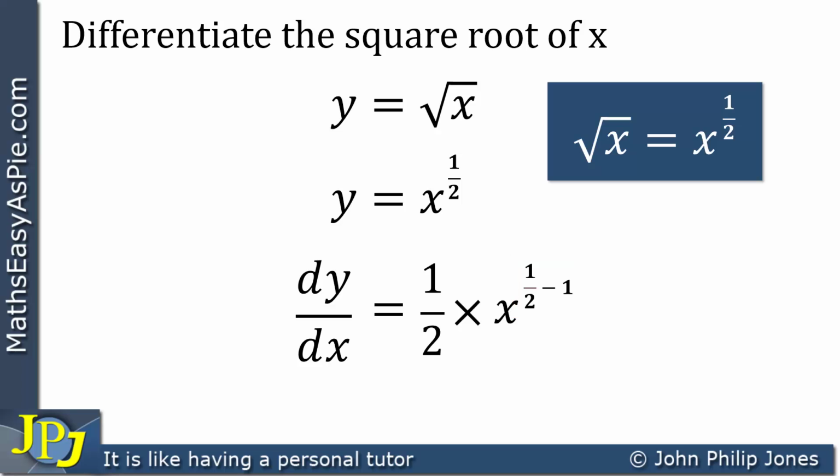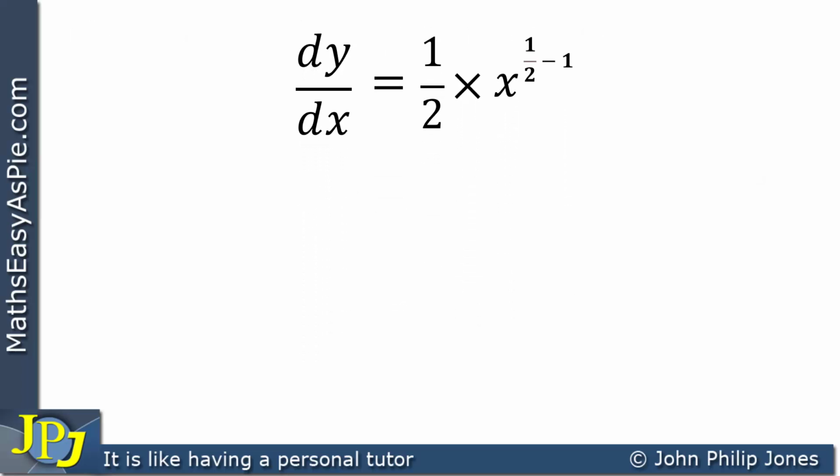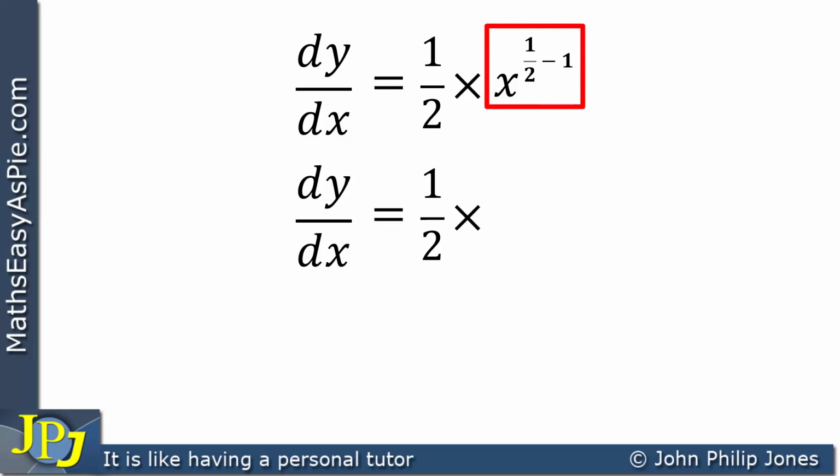So I'm going to continue by bringing this to the top of the slide where we can continue now with the calculation. So we can now continue with the calculation by writing down dy dx equals, and we bring the half down and we multiply, and now we're going to perform the calculation on this, which you can see is x to the half minus 1.